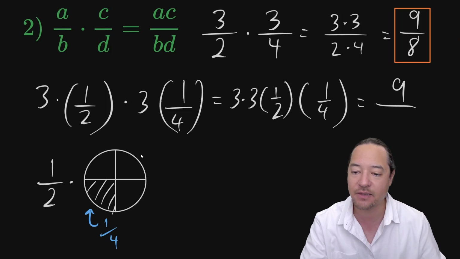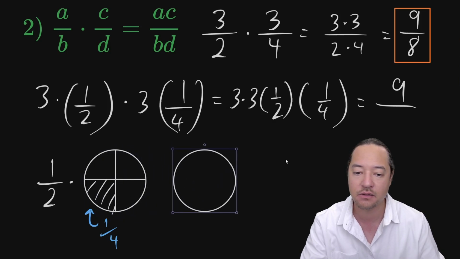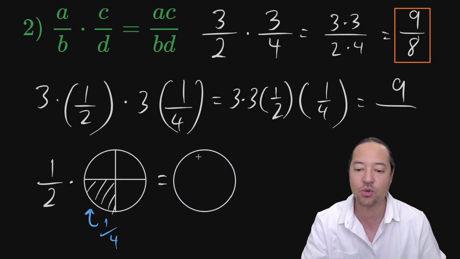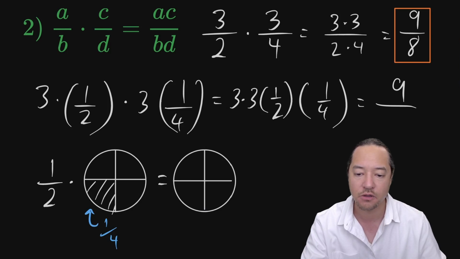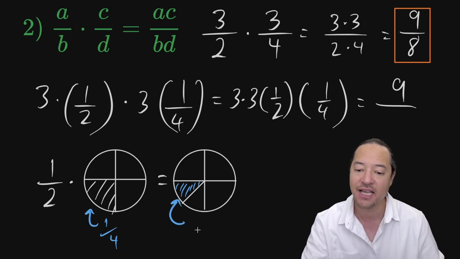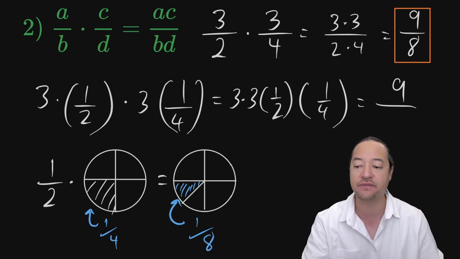What do I get then? Well, I'm going to cut this into half, right? And so what I'm going to wind up with is just this one little slice here. And if we look at that slice, how big is that? Well, that's 1/8 of the entire pie.